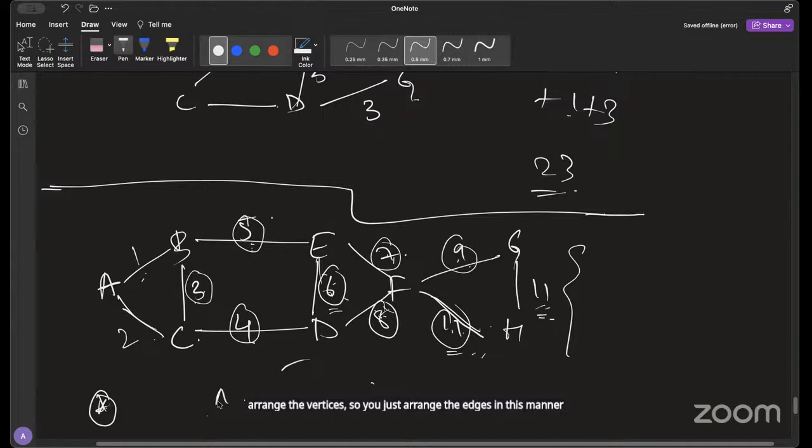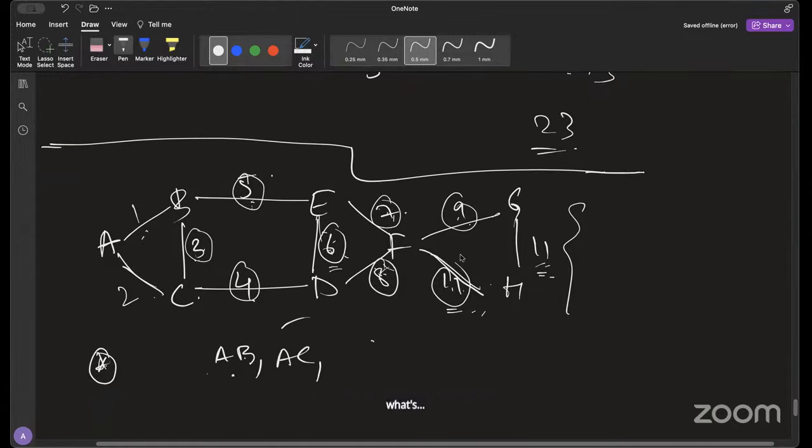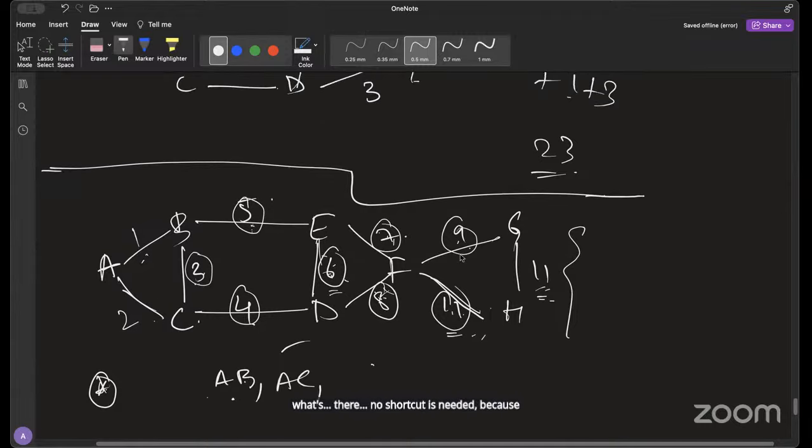If you have this graph, you arrange AB first because it has the least weight. You write AB, and then AC is next, and then you just keep adding the edges. No shortcut is needed because this method itself is very short. The method itself is a shortcut. There's no shortcut to it.